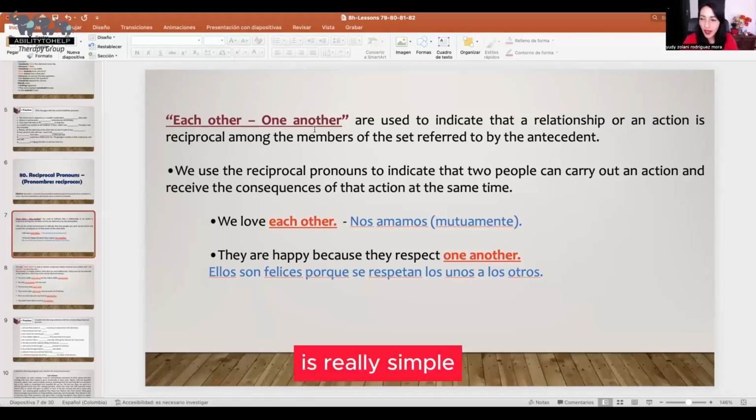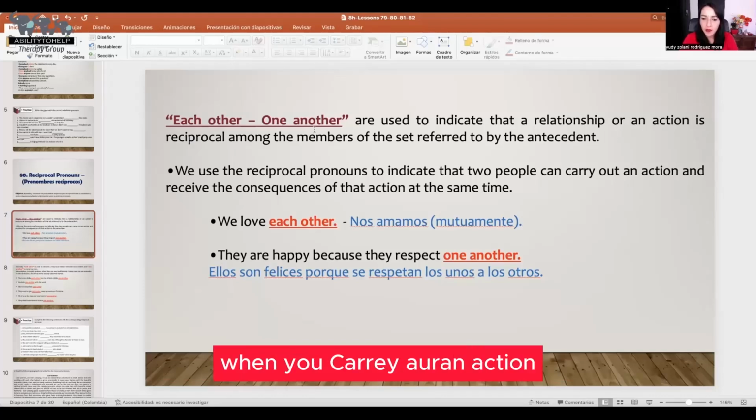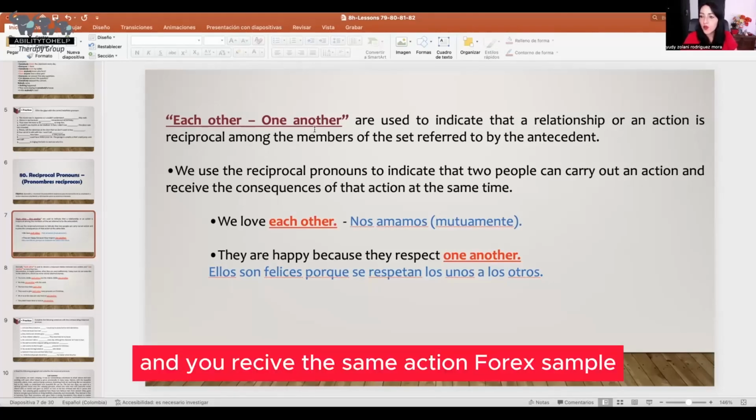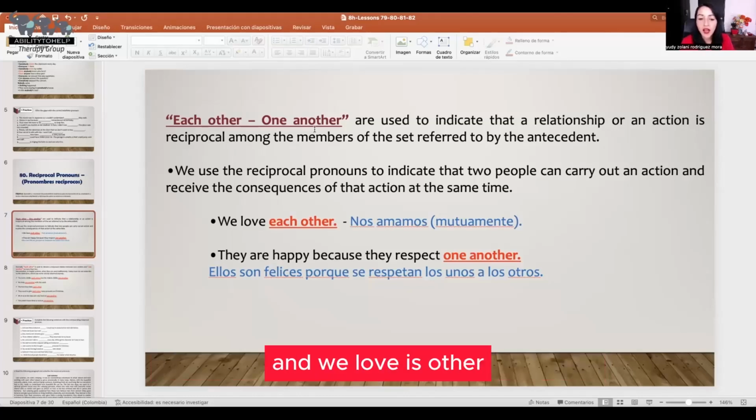So it's really simple. Understand, it's not difficult, it's so easy, this topic. Reciprocal pronouns are used, for example, when you carry out an action and you receive the same action. For example, I'm going to tell you that I have a boyfriend and we love each other.